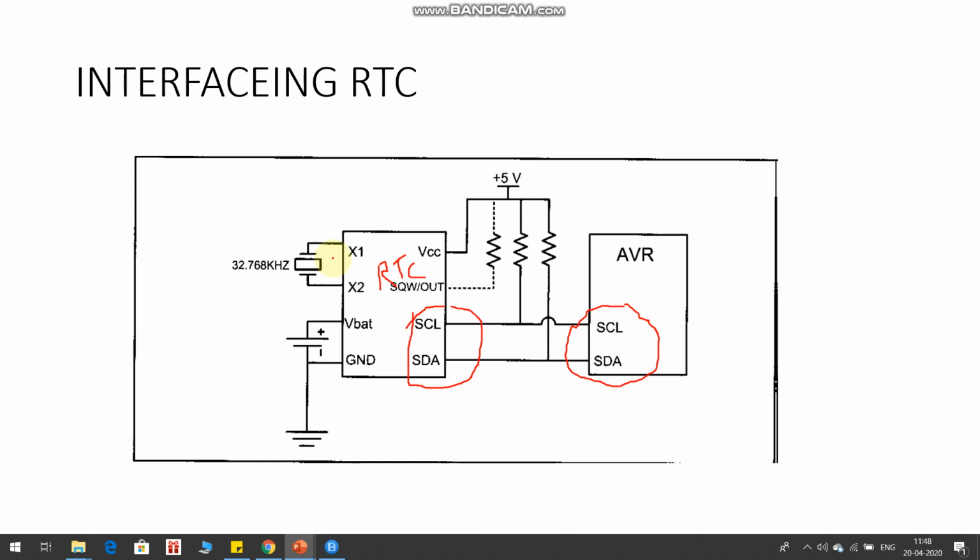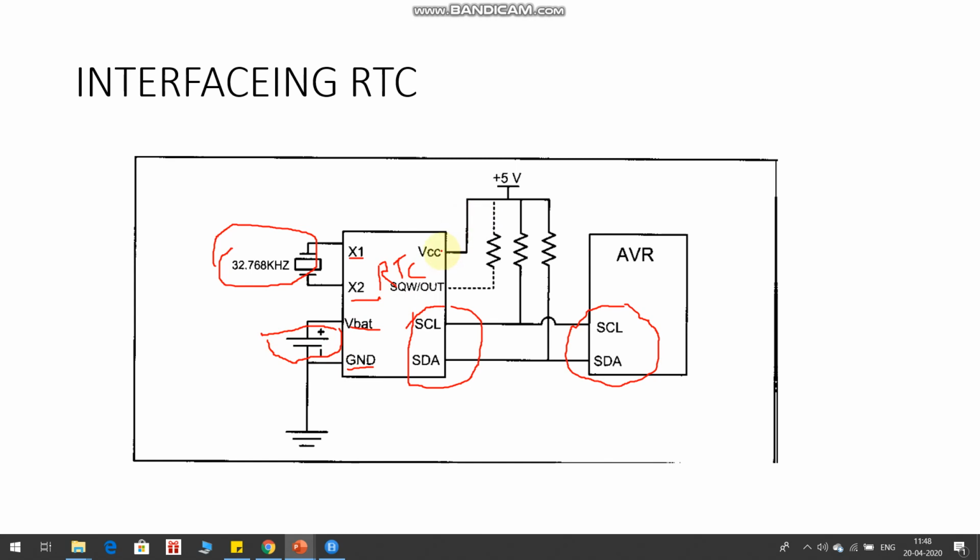As already discussed, the X1 pin and X2 pin are connected to a crystal oscillator of frequency 32.768 kHz in order to provide a stable clock source. The battery is connected between VBAT and ground terminal in order to provide battery backup to the RTC module.